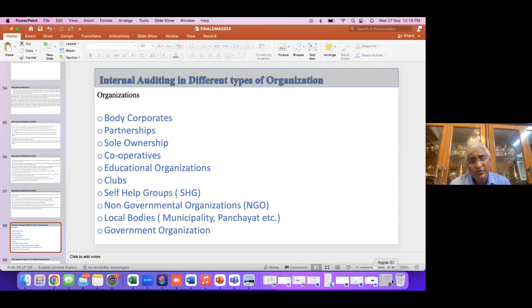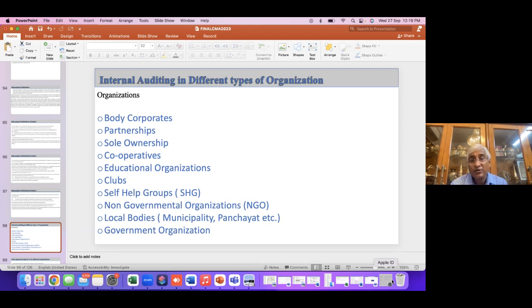Some NGOs may be for the street beggars. So what nature of NGO it is drives your internal auditing points, based on the function of the organization and also the fund requirement, which are the general points.